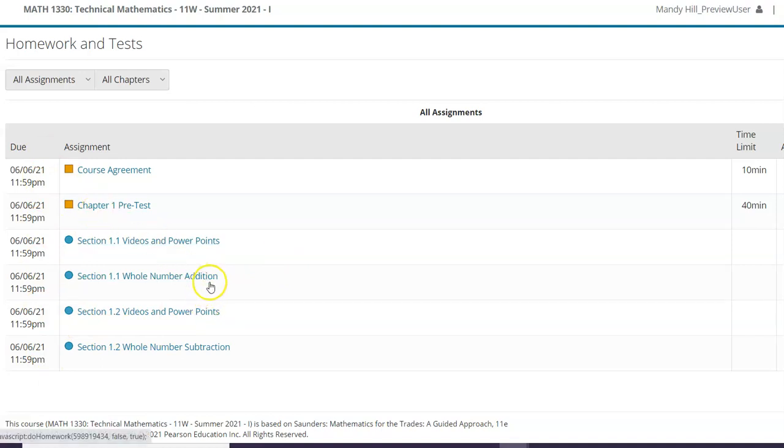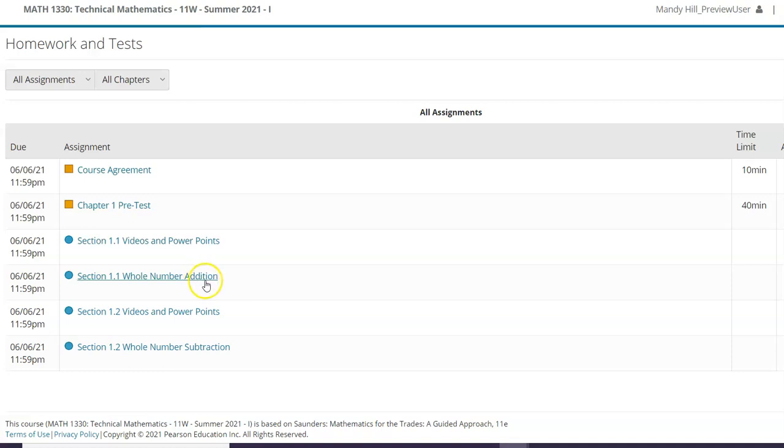But if you happen to be late, you can still work the assignment if it's homework for a deduction of 10%. So you can still make a 90% on your homework if you're late. On a test, except for the final, you have to turn in by the time the final's due. But on a test, you can work a test late with a 20% deduction.